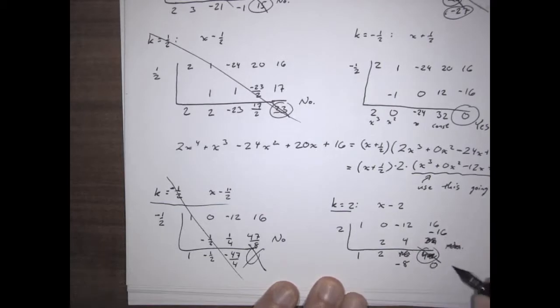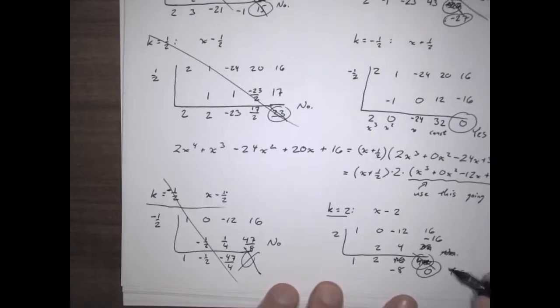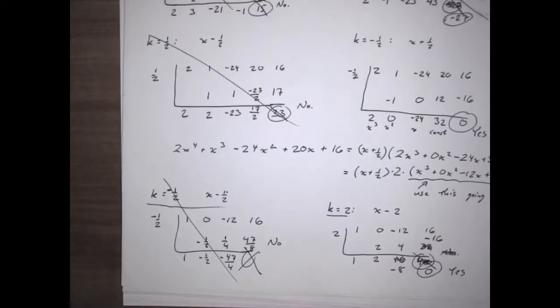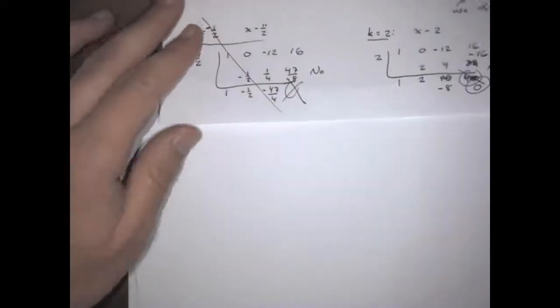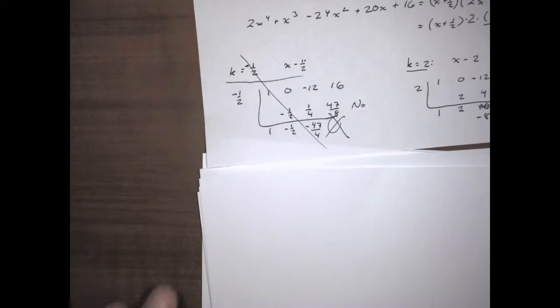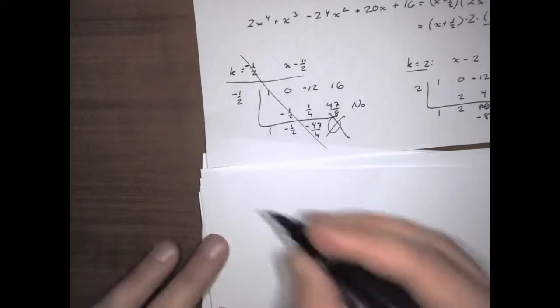That's going to make a 0, which is going to make a yes. I thought that sounded wrong. Okay, so yes. So what that means is that x minus 2 is a factor of that.